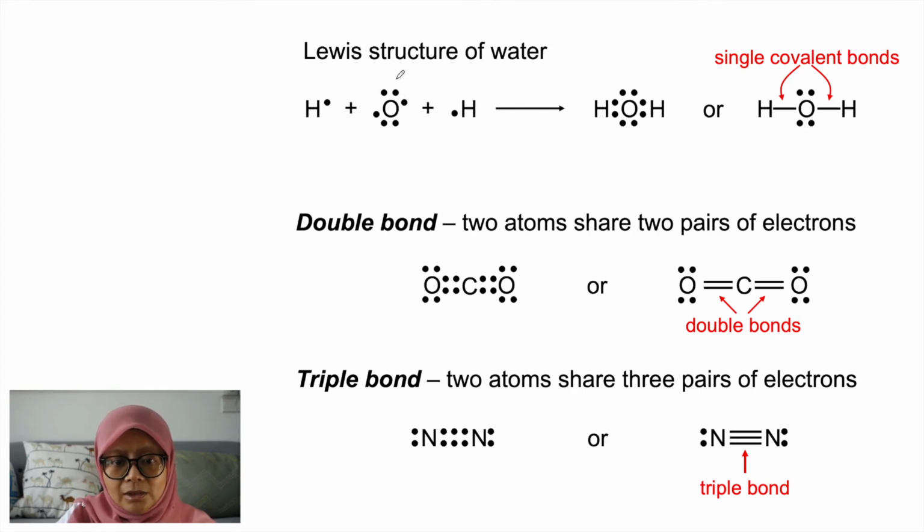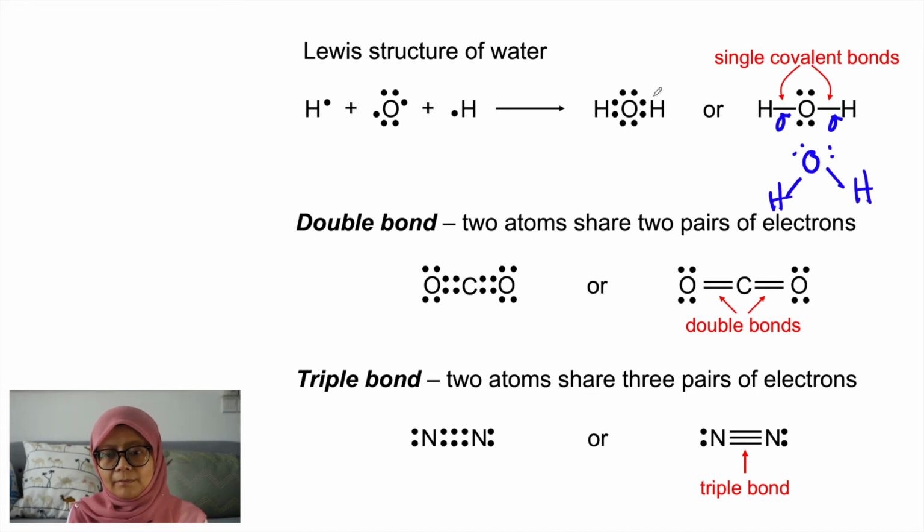This oxygen shares 2 electrons, one to this hydrogen and one to this hydrogen, so they will form single covalent bonds, or 2 sigma bonds, here and here. So the correct Lewis structure of water is like this, a V shape, or we call it bent.